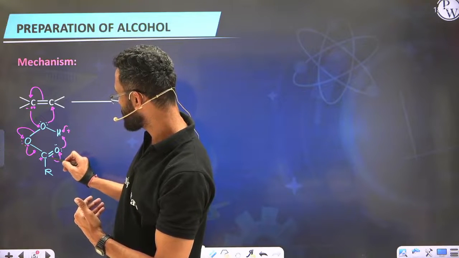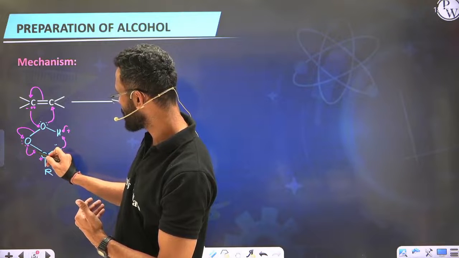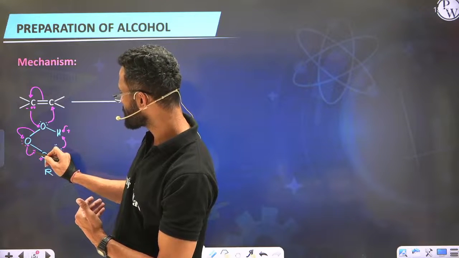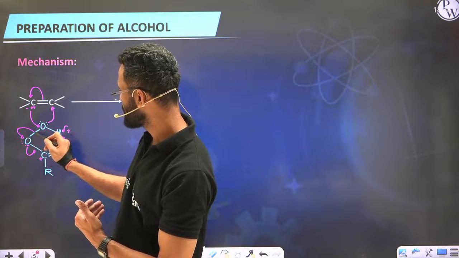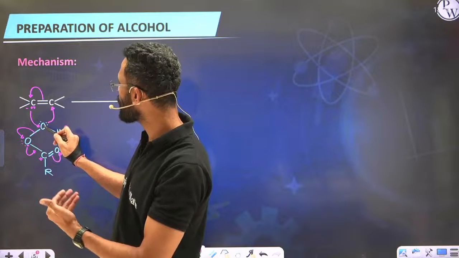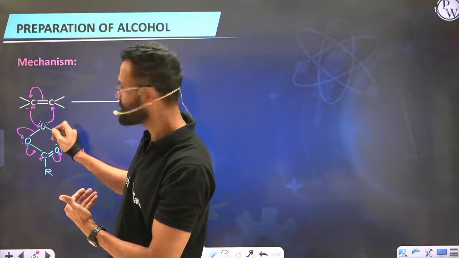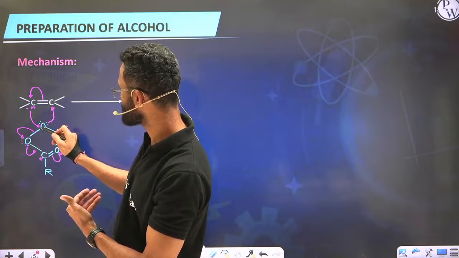Because this pi bond breaks, carbon becomes deficient. To neutralize this deficiency, the lone pair of oxygen delocalizes. Delocalization of this lone pair makes this oxygen deficient, hence it pulls the bond pair toward itself. The moment this bond breaks, this O becomes deficient and develops scope for the pi bond to attack it. So the pi bond breaks towards one of the carbons, making it rich, which attacks the deficient oxygen.